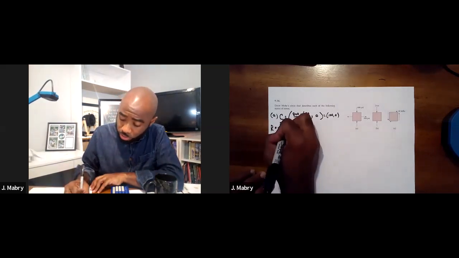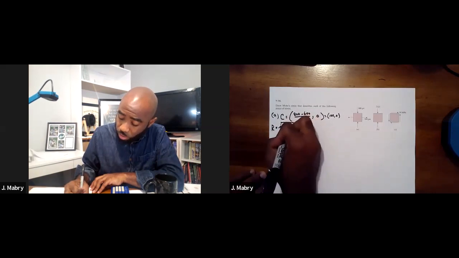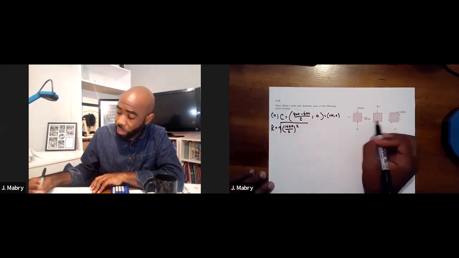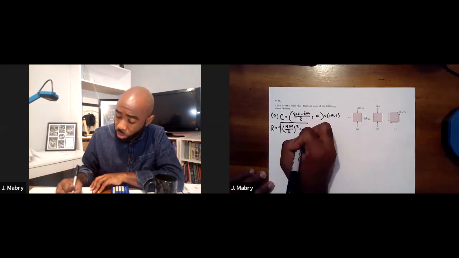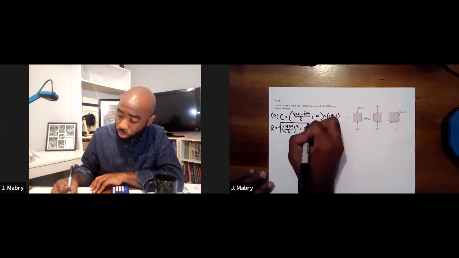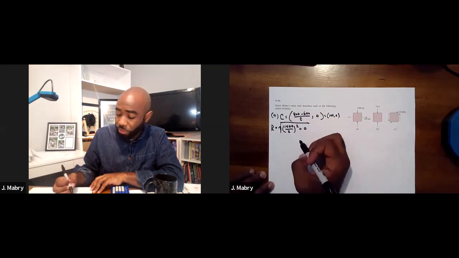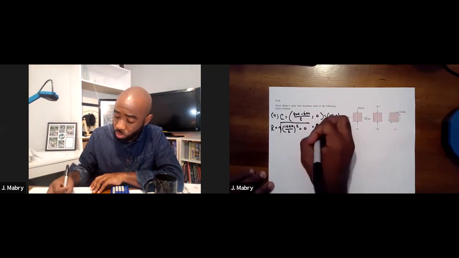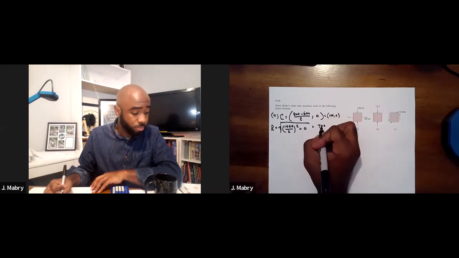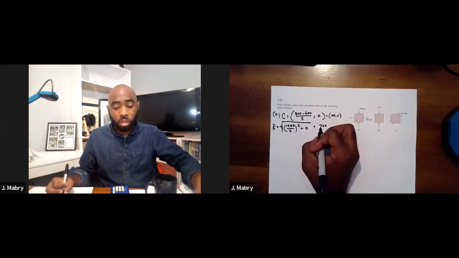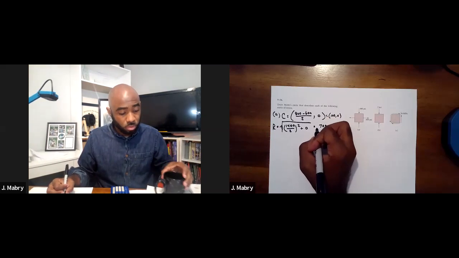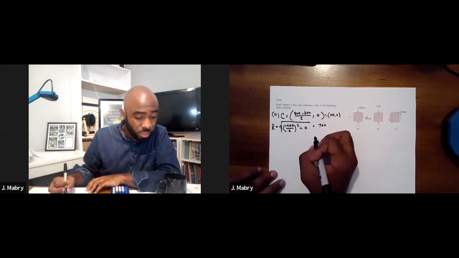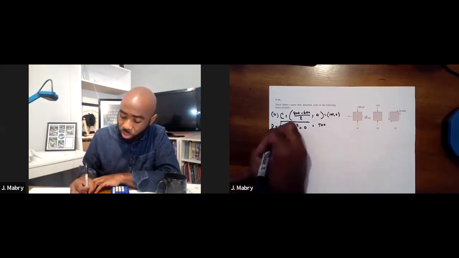So we got 1400 over 2. This is going to be squared. For A, we don't have a tau xy, so we're just going to do a 0 there. That's going to be 700 squared, and then the square root. So this is going to be a radius of 700.